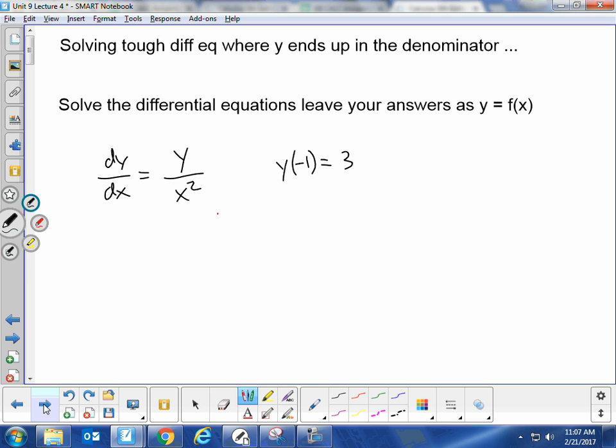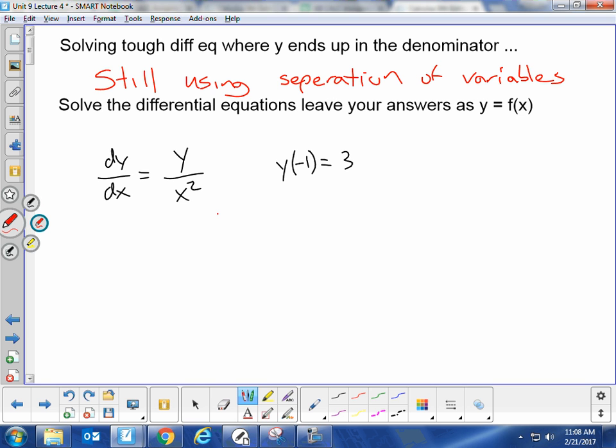The process is still the same. We are still using separation of variables. You just find that the whole solving for y process is just a little bit more involved.